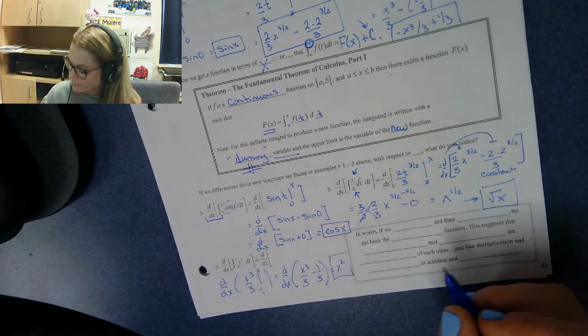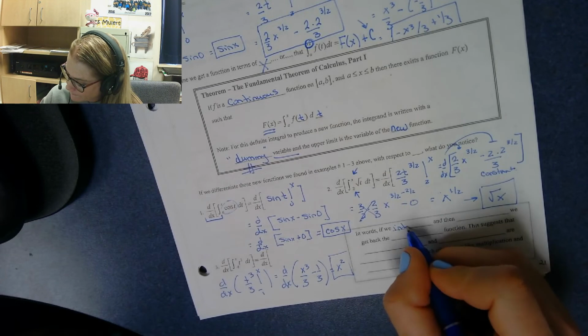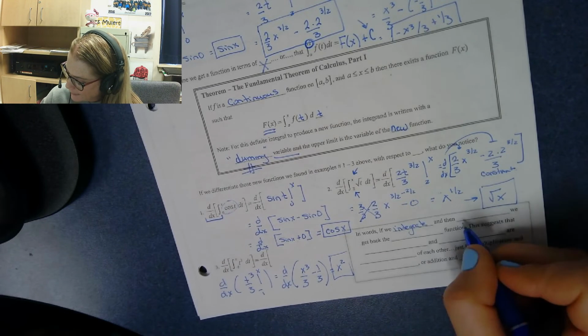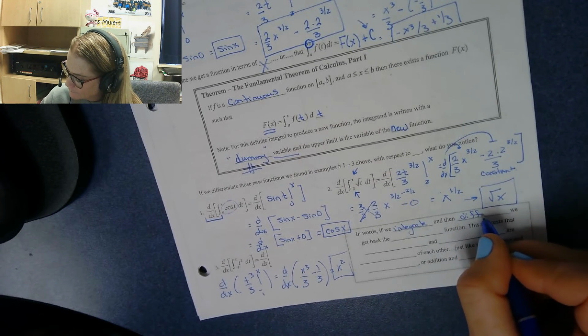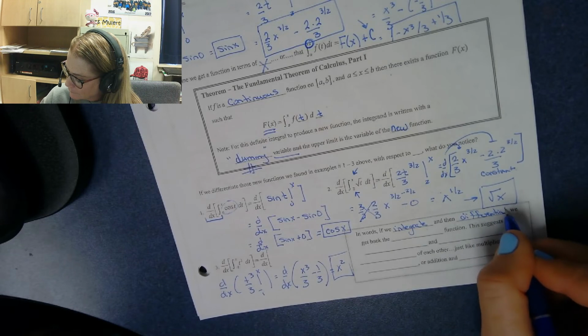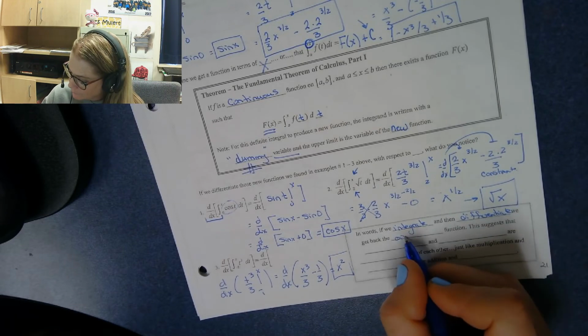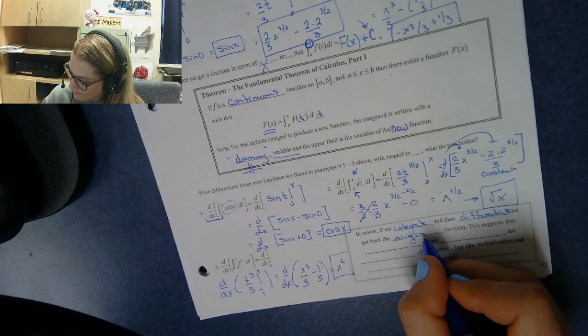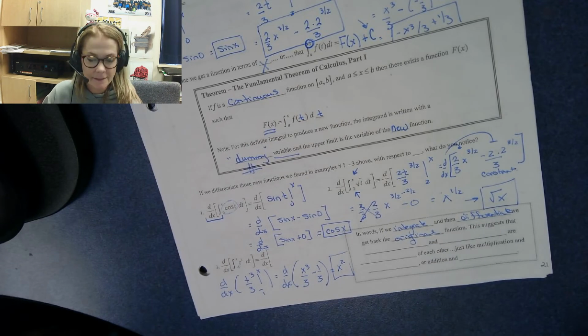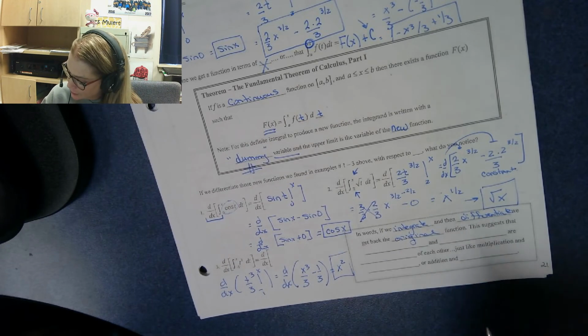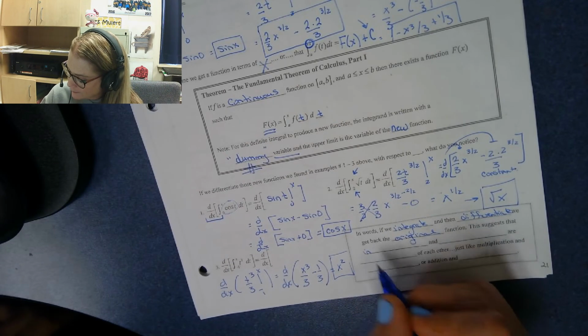So in other words, if we integrate and then differentiate, we get back to the original function, and it's written in that new variable. Okay, so this suggests that integration and differentiation are inverses of each other.